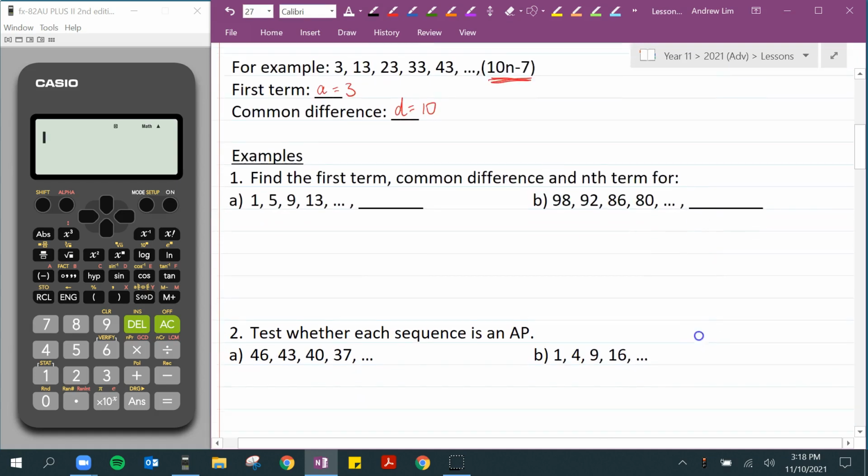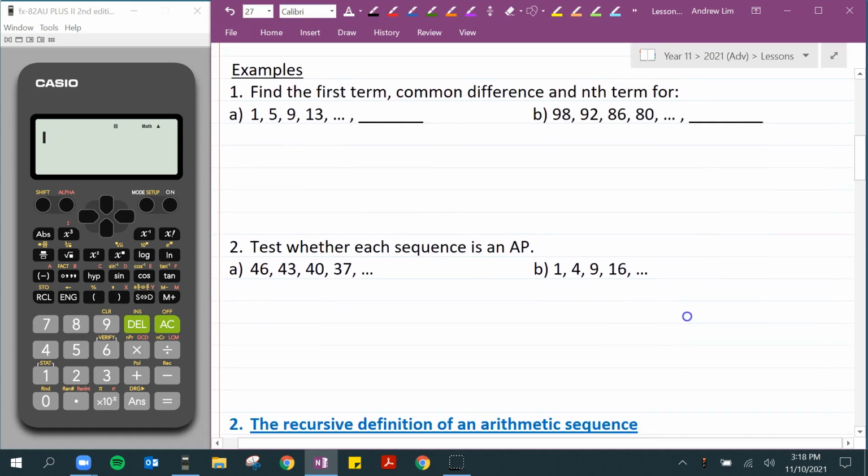Okay, let's have a look at some examples. Find the first term, the common difference, and the nth term for 1, 5, 9, 13, etc. So we can see here that the first term makes it nice and easy. That's 1. The common difference, because it's going up, is going to be a positive number. The common difference is just 4.